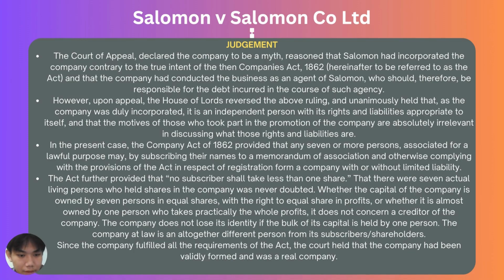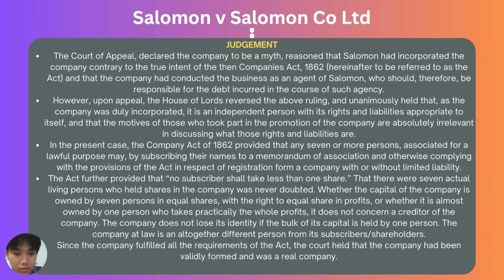The Act further provided that no subscriber shall take less than one share. That there were seven living persons who held shares in the company was never disputed. Whether the capital of the company is owned by seven persons in equal shares, with the right to an equal share in the profit, or whether it is almost wholly owned by one person who takes practically the whole profits, does not concern a creditor of the company.